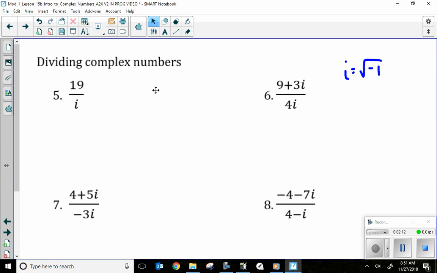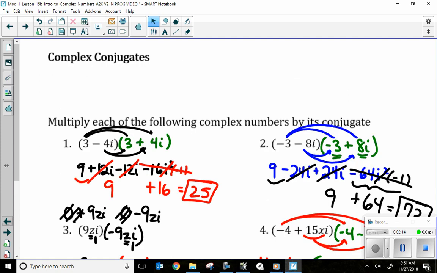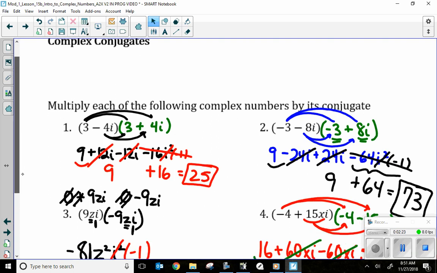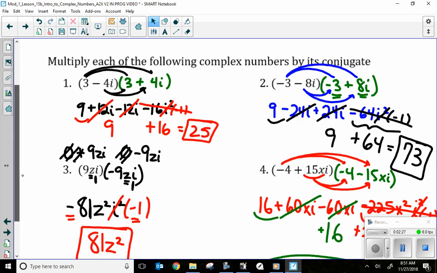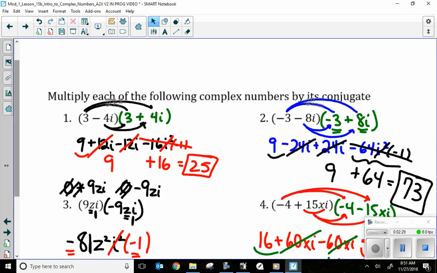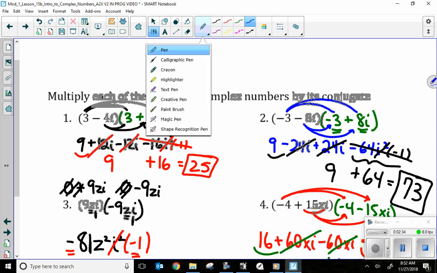So I'm going to go back to where we ended part 2 of this video for lesson 15. It's on the previous page in the notes. You'll notice we multiplied these 4 problems by its conjugate. That's the huge word here.